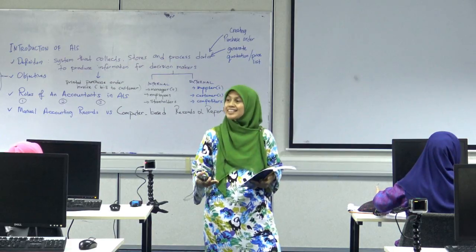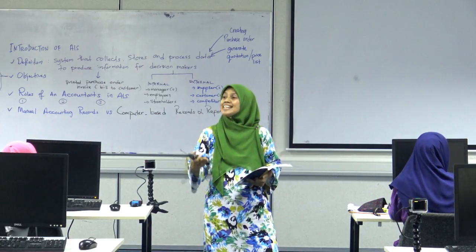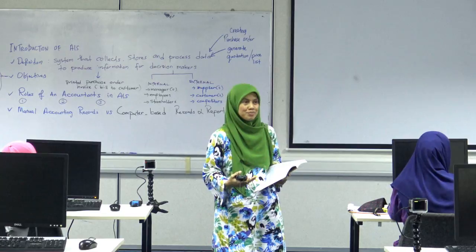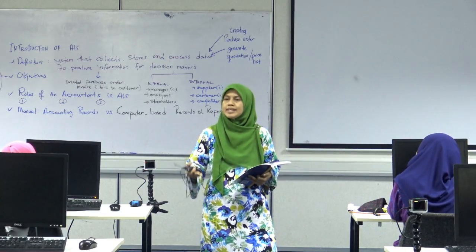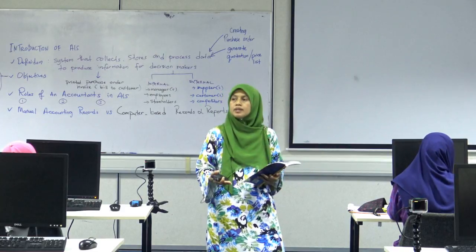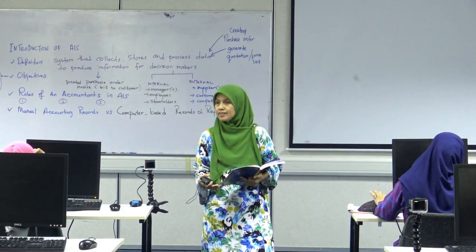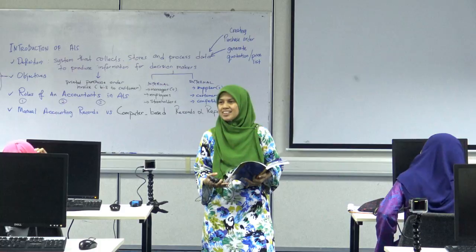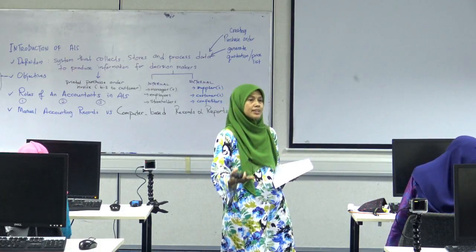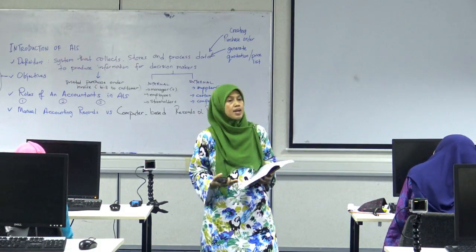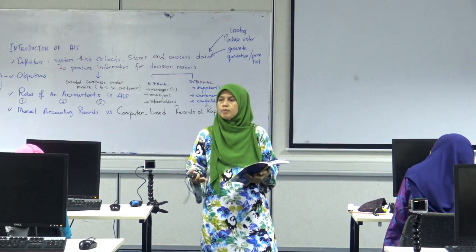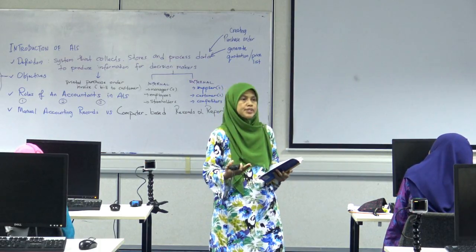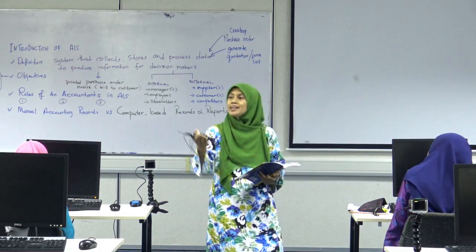You register the code with the digit, not the names, because system can store so many data or information based on digit, not character. If you are talking about text character A, B, C, D, it's a very limited one. Computer can store so many information if you use digit 0 until 9.